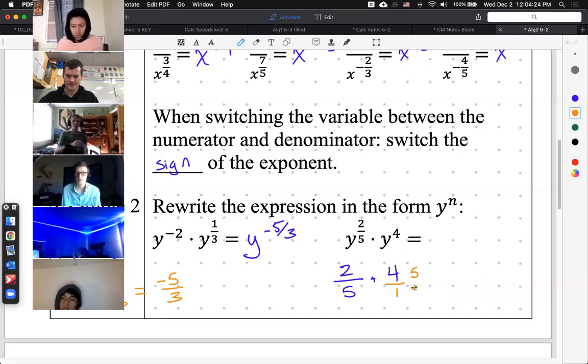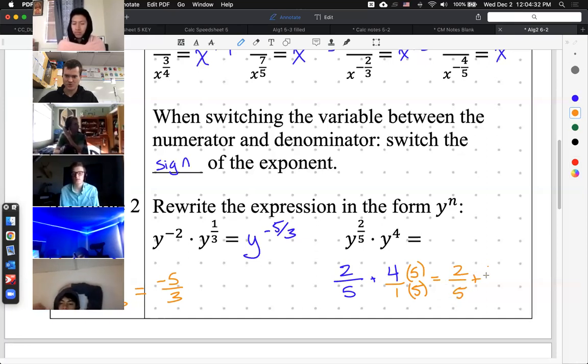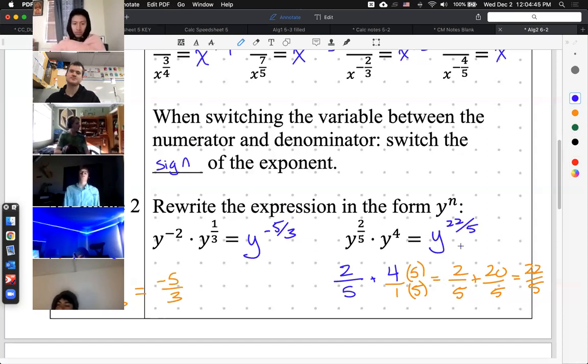Yeah, 4 times 5. So our new expression becomes 2/5 plus 20/5, which is 22/5. So our answer up here is y to the power of 22/5. Nice.